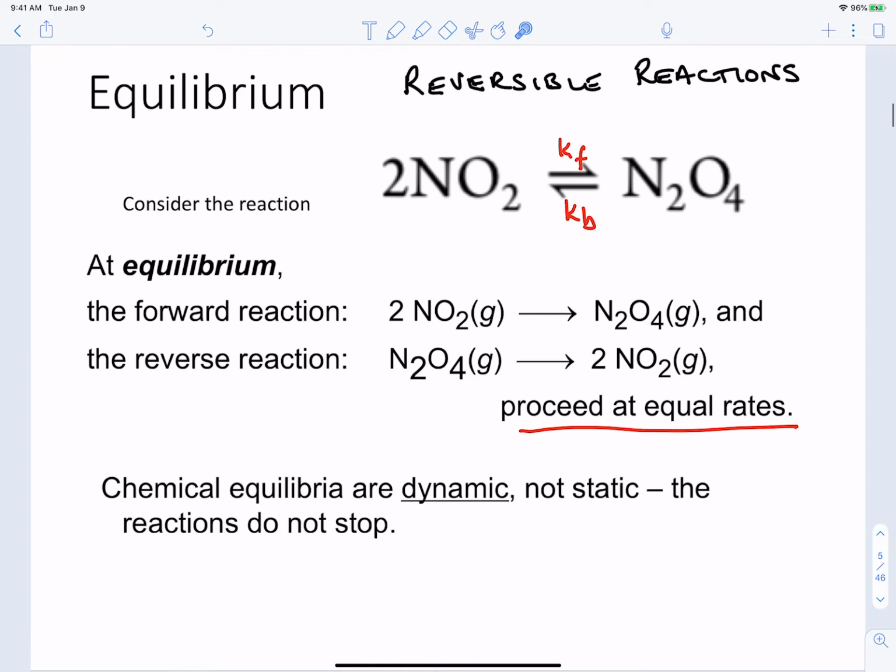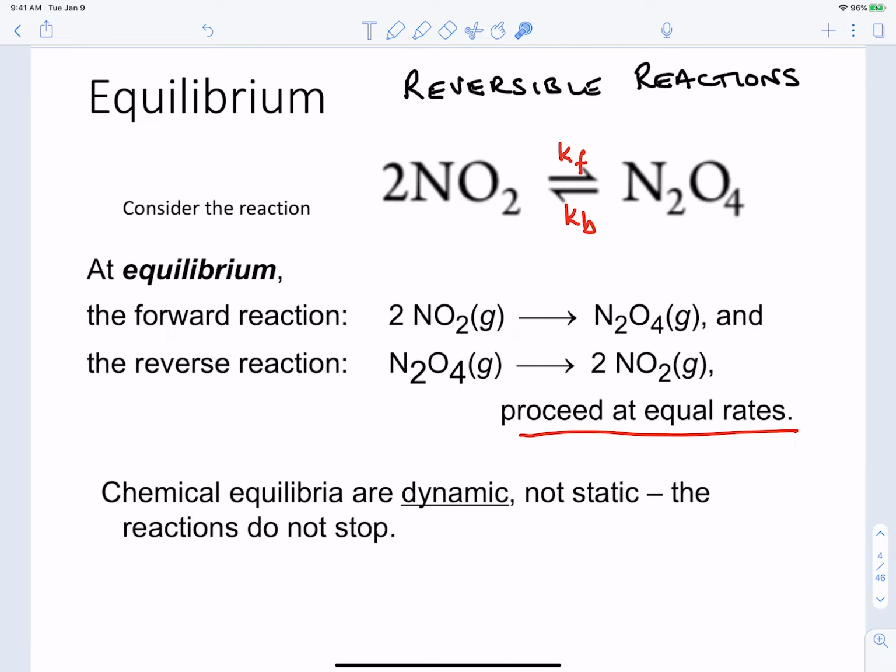When we talk about equilibrium, we're talking about reversible reactions. If we take this as an example, which is NO2 forming N2O4, as this reaction happens, there is a forward rate of the reaction, and there's of course a reverse rate. So here this is the forward rate, this is the reverse rate or the back rate.